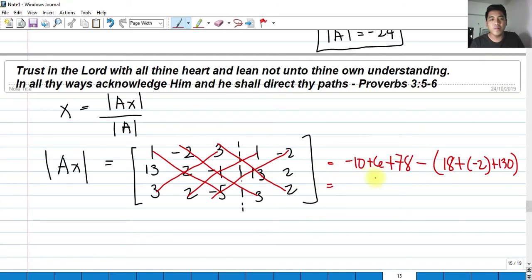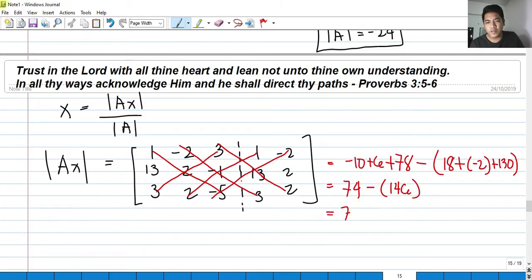So if we evaluate this, I hope you can follow because you're already done with matrices or determinants. We have negative 10 plus 6, that is negative 4, plus 78, that is 74, minus 18 minus 2 is 16, plus 130, that is 146.